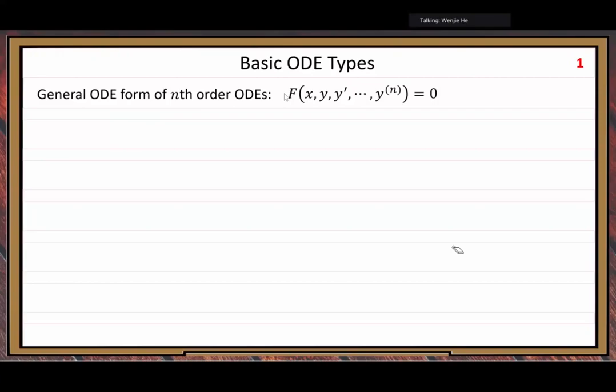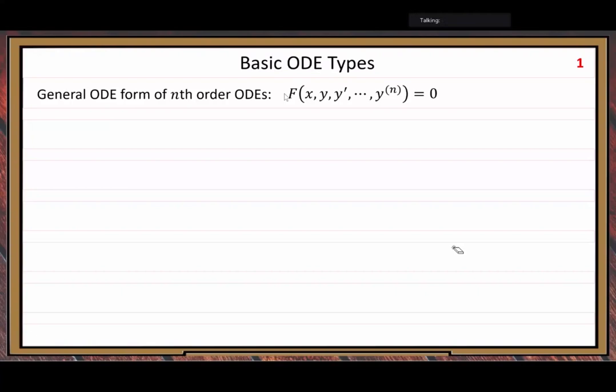Here you can see this capital F function, you can treat it as a multivariable function. So x, y, y prime, it takes the position of a variable. So although it relates to y with derivatives, actually you can treat it as a multivariable function.